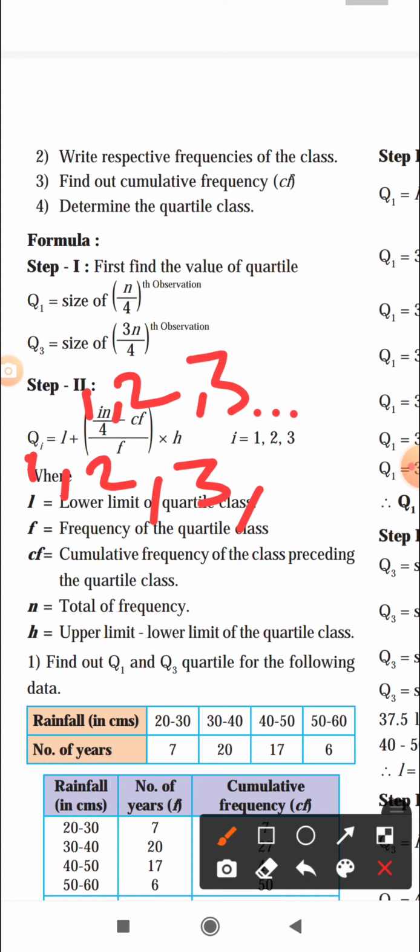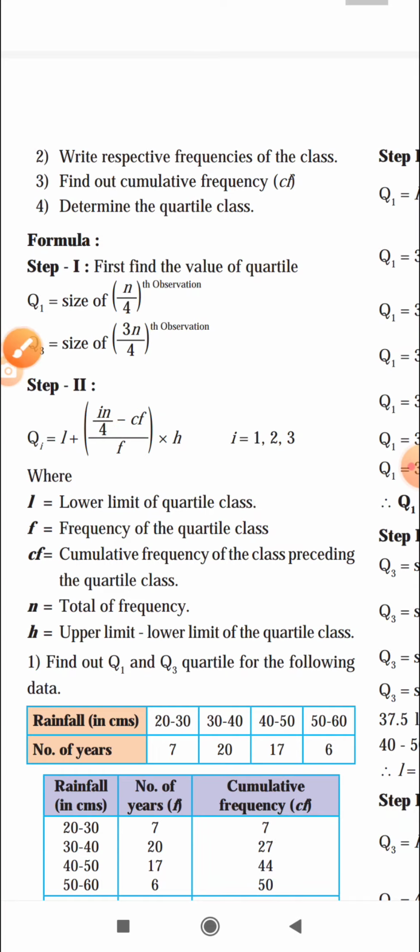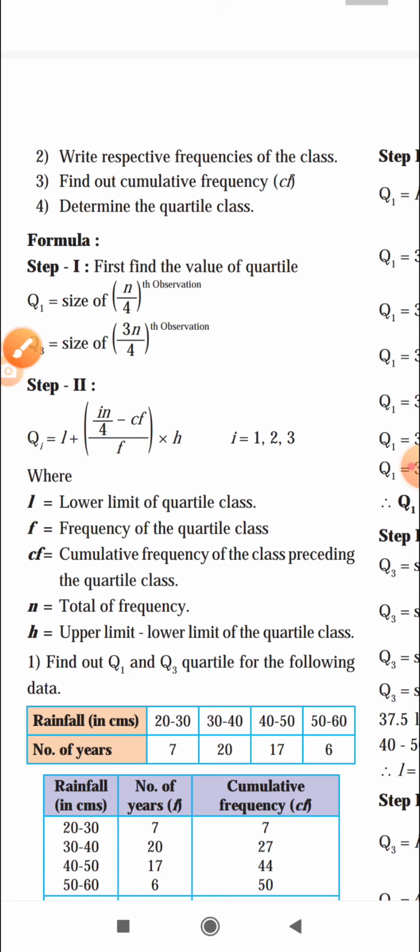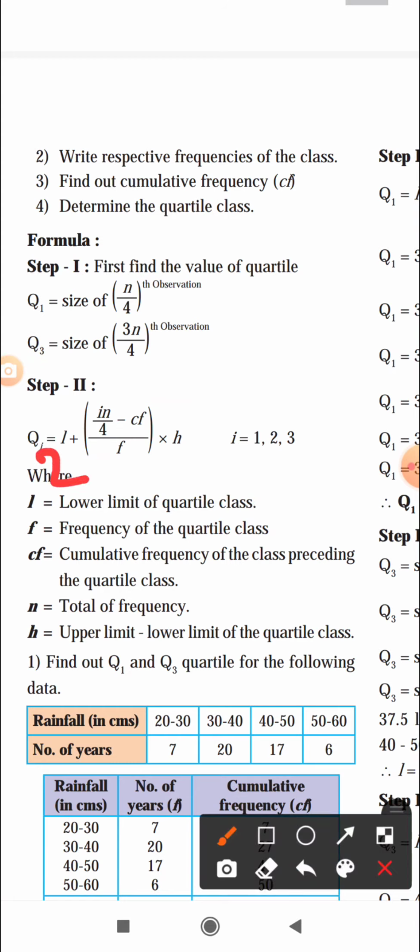It is L plus, into bracket, i n upon 4 minus CF, divided by F, bracket complete, into H. In case of Q1, we write n upon 4 minus CF divided by F, into H. In case of Q2, we write L plus, into bracket, 2n upon 4 minus CF divided by F, bracket complete, into H.